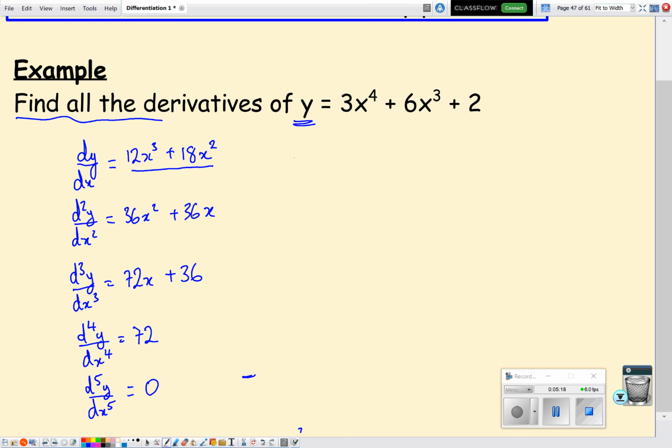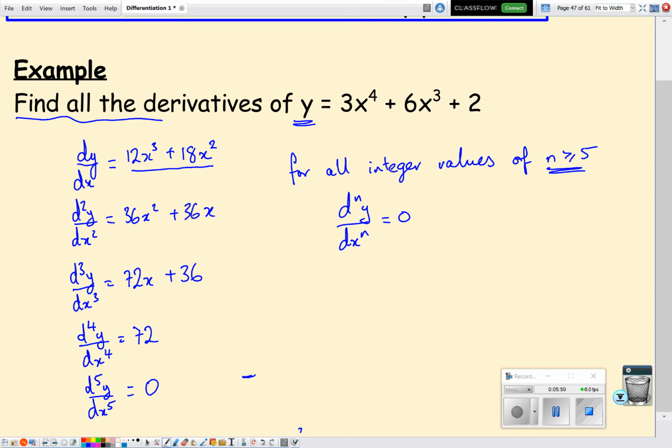So what we can do is finish it off with a little statement: for all integer values of n greater than or equal to 5, dny by dxn is always going to be equal to 0. And that finishes things off, and you might get some questions around what this particular integer value of n might be, and some things to think about. So it's a handy wee statement to see.